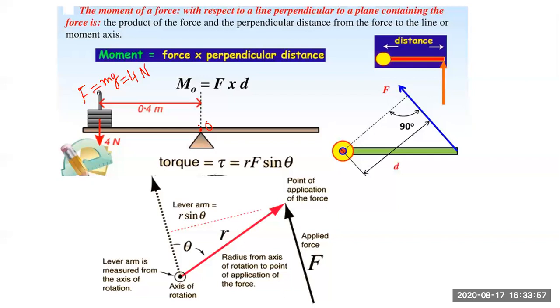That means, what is the effect of the force F about point O? The answer is that the magnitude of the effect is F into D.